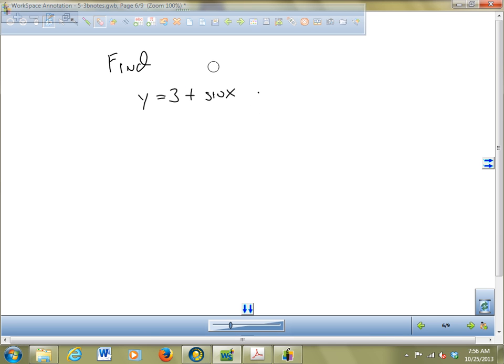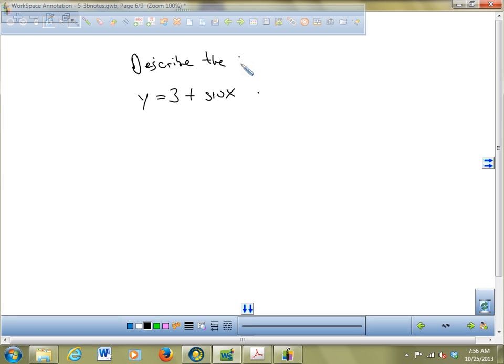Okay, how would I write that? Find the point of inflection. I think describe the concavity of y equals 3 plus sine x on, they'll give you an interval, 0 to 2 pi.